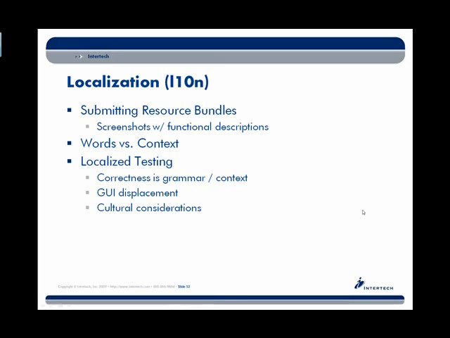For example, if you said something like tab to a field, there may be a language which translates that word field to not mean a section of your screen, but a field in nature. So the context of the word is really important, and it may produce a completely different word, one that you don't expect, without having these kinds of screenshots with functional descriptions. So it's a real good best practice, even if they don't request it.